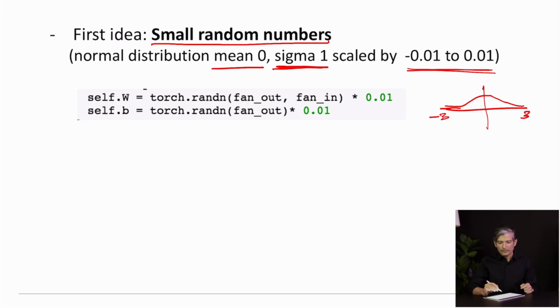We multiply it with 0.01. We do the same to the weights and to the bias.